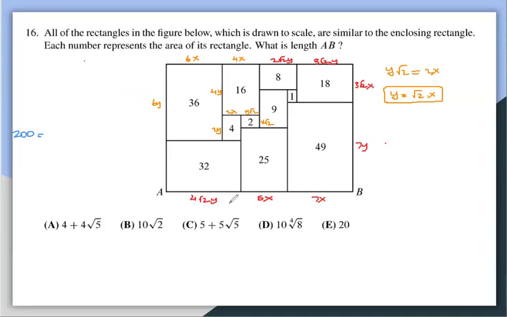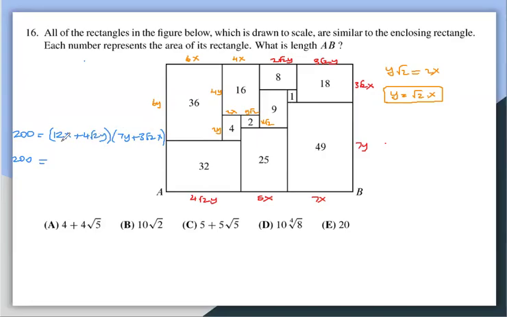So this segment is 12x plus 4 root 2 y. And then the other segment is 7y plus 3 root 2 x. What we are going to do is multiply, but before we do, let's use this: y equals x times root 2. If I replace y with x root 2 right here, root 2 times root 2 makes 2, and 2 times 4 is 8.